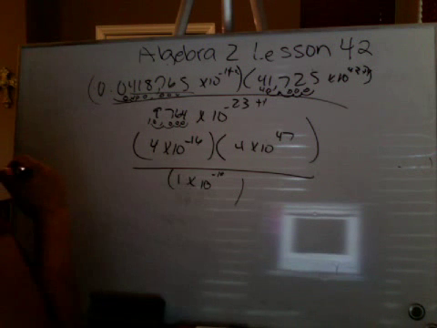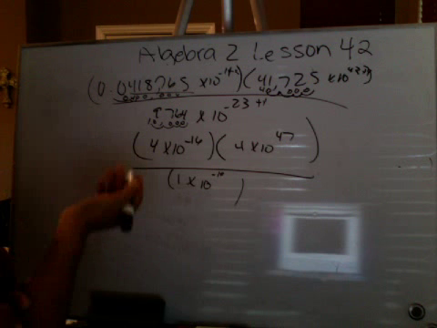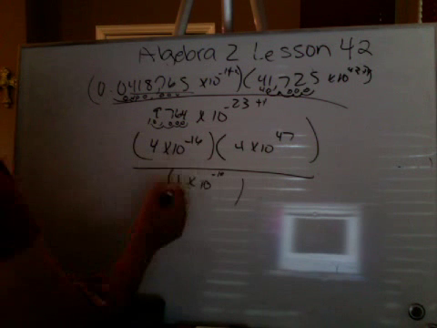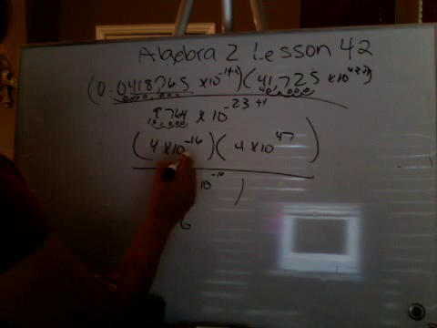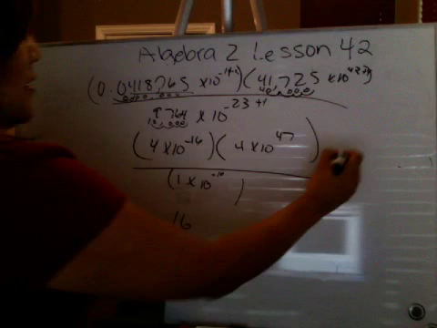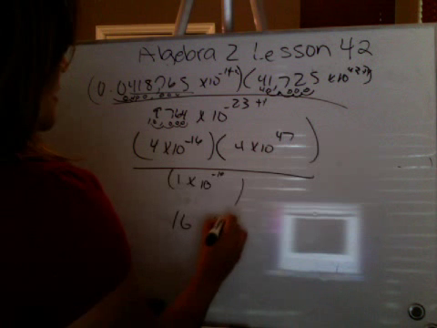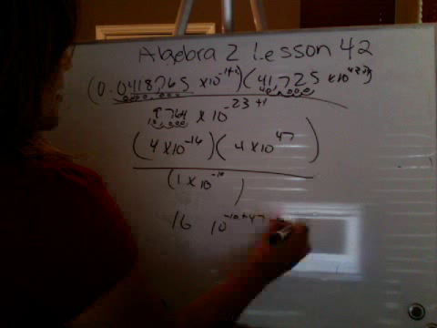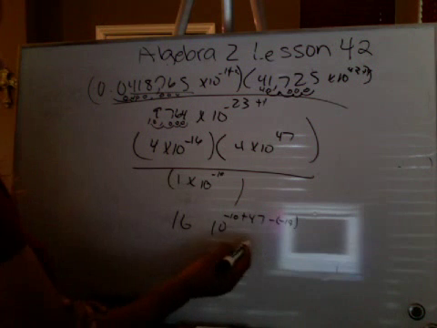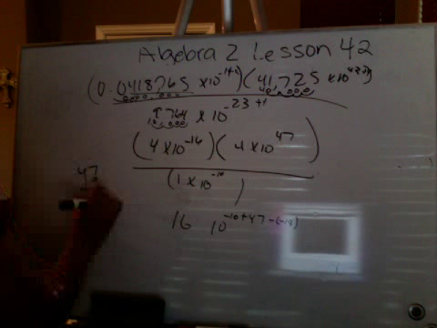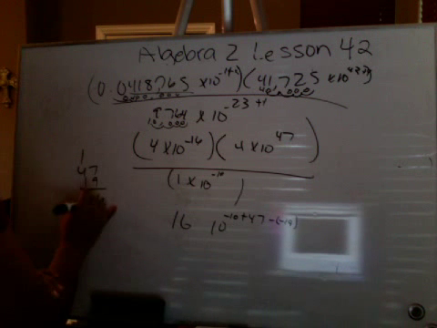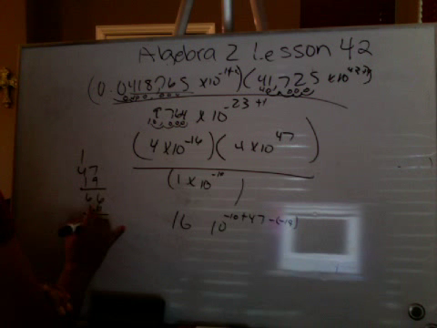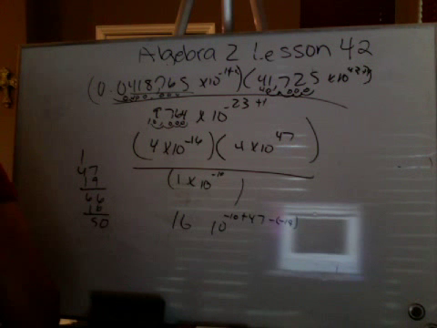Okay, now you can combine your 4 and 4 is 16 divided by 1. That's 16, and then you can combine these. You have 10 to the negative 16 plus 47 minus a negative 19, which is like plus 19. So when you add these together, 47 plus 19, 66, and then you're going to minus 16. I did some bad math somewhere.